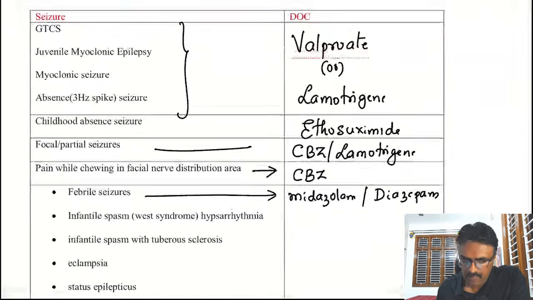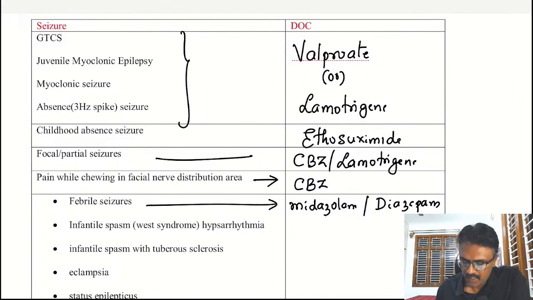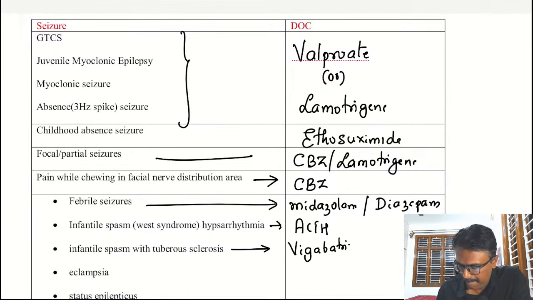Infantile spasm or hypsarrhythmia, it is ACTH. Infantile spasm with tuberous sclerosis, it is vigabatrin.